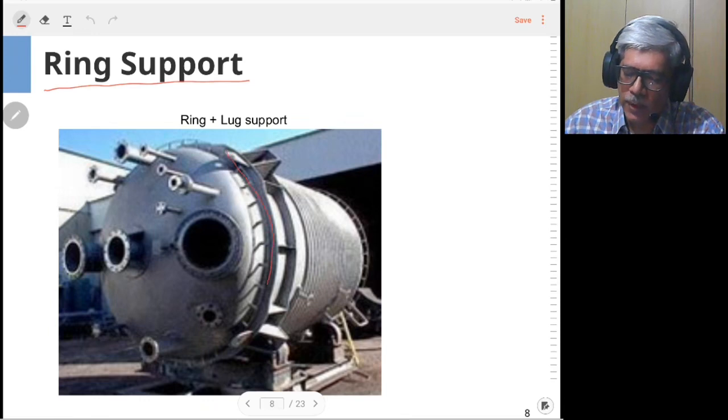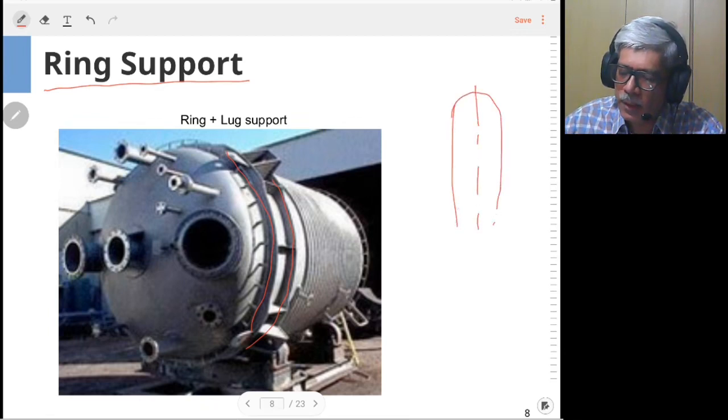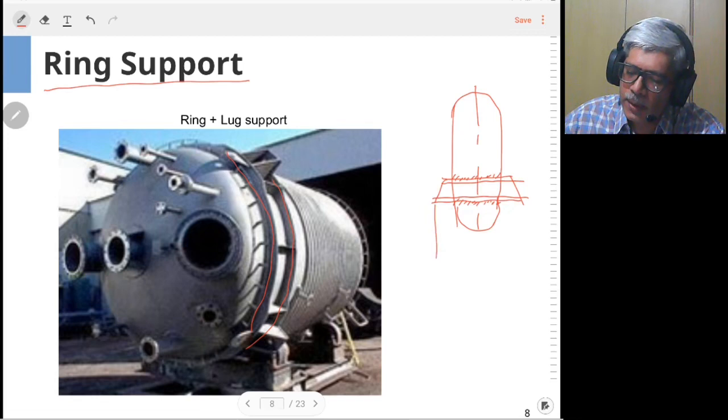You will have a full ring which is welded along the circumference of the vessel. Again, this vessel, although shown in the horizontal position, would be vertical in the operating condition. So we'll have a vertical vessel, and the ring that you have seen will be welded throughout the circumference of this vessel. The rings are mounted on the entire circumference of the vessel, and the support structure will come beneath this.